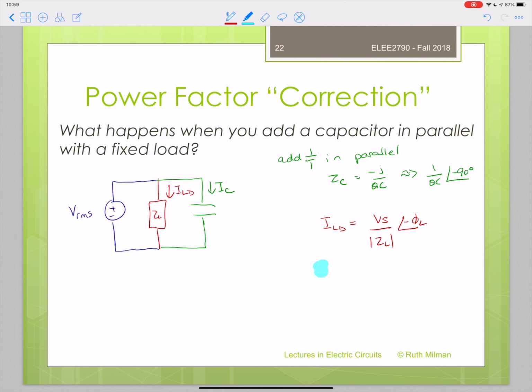The power that's drawn by the load is equal to V RMS times the complex conjugate of the loading current, and that simply gives us a real part of power, that's the average power, plus a complex part. Now remember, it's not really complex, it's just a way of notating it, but it helps us understand what we actually need from the source, times Q. And basically, these things are fixed. We can't change P and we can't change Q.